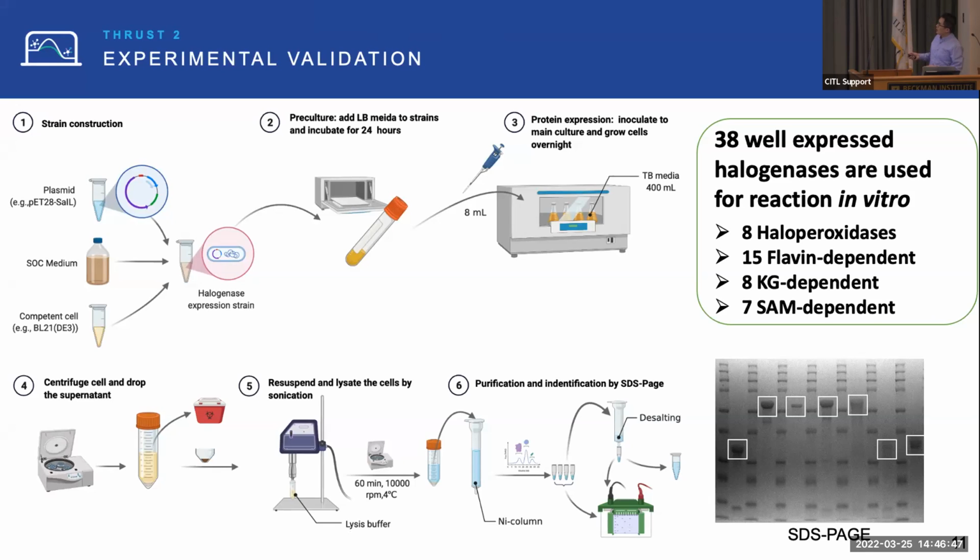Currently we could successfully get 38 well-expressed halogenases that can be used for the in vitro reaction test. They have very good diversity, including all 4 types of halogenases. The SDS-PAGE shows the purity of the proteins is quite high.